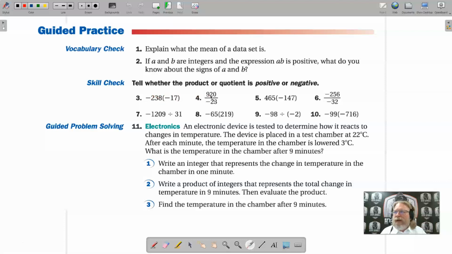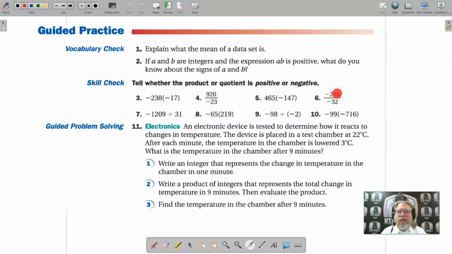Here we have a division problem, a positive number divided by a negative number. They are different signs, so the quotient is going to be negative. Number 5, we have multiplication of a positive number times a negative number. Different signs, so the answer is negative.